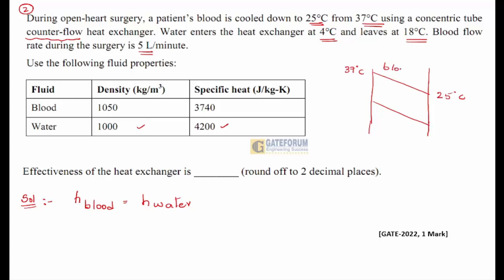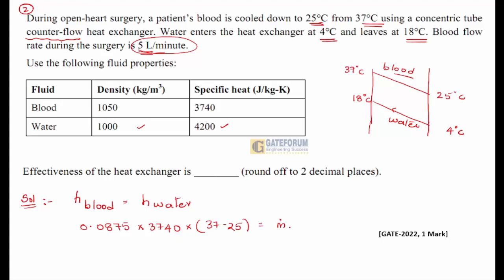Blood mass flow rate, 5 liter per minute, you need to convert into kg per second. This will be water, where from 4 degrees centigrade it has gone to 18 degrees centigrade. The blood m dot, if I convert into kg per second, will be 0.0875 into Cp, specific heat, delta T 37 minus 25.